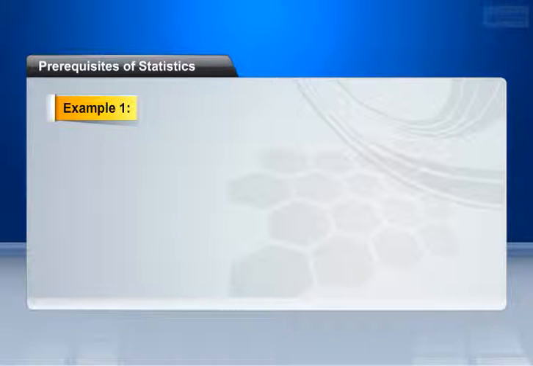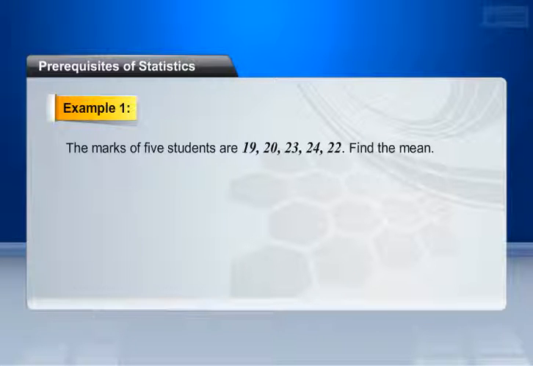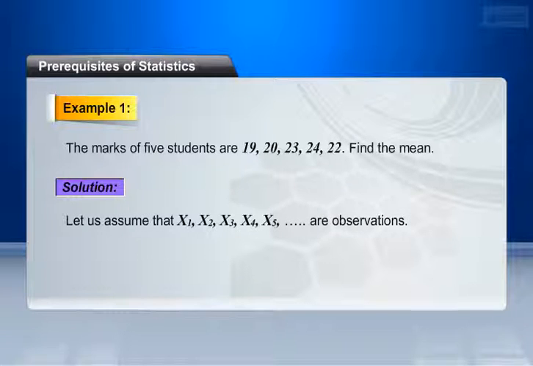Given that the marks of 5 students are 19, 20, 23, 24, 22, then find the mean. Let us see the solution now. Let us assume that x1, x2, x3, x4, x5, and so on are observations.